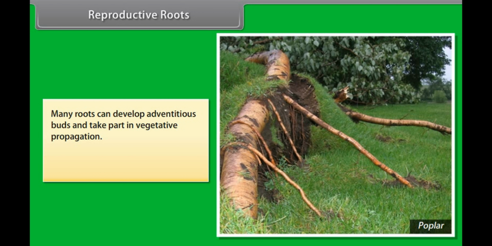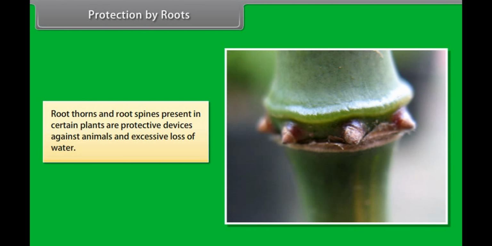Reproductive roots: many roots can develop adventitious buds and take part in vegetative propagation. Examples: poplar, Dalbergia, dahlia, sweet potato. Protection by roots: root thorns and root spines present in certain plants are protective devices against animals and excessive loss of water.